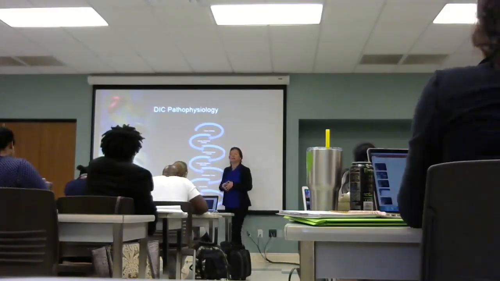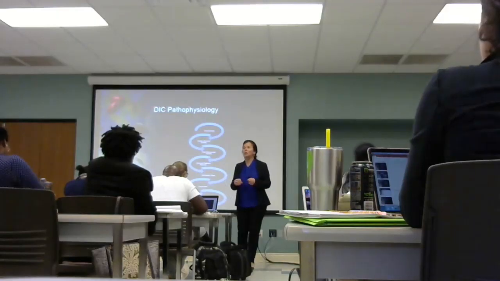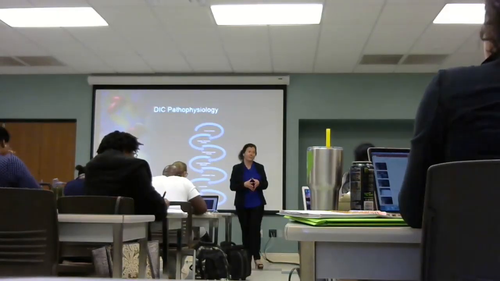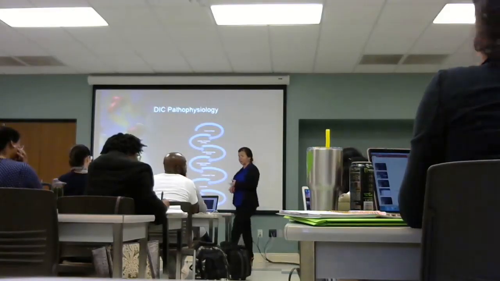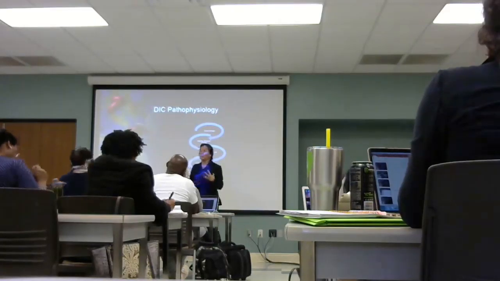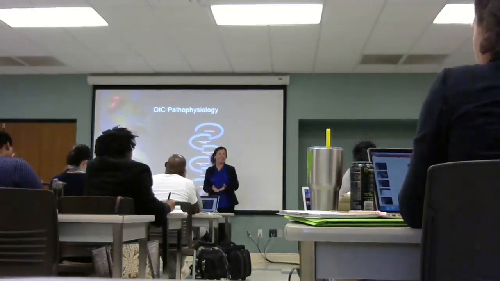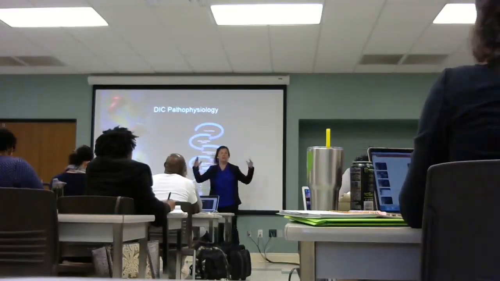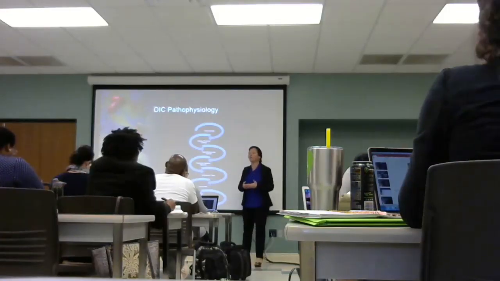Then, because in our body we always try to be in balance, we do have natural anticoagulants, right? Protein C, protein S, factor V Leiden, lupus anticoagulant, antithrombin III, that perceive that there are so many thrombotic events that they need to start lysing them. So they start producing fibrinolysis and start to break down the excess fibrin.